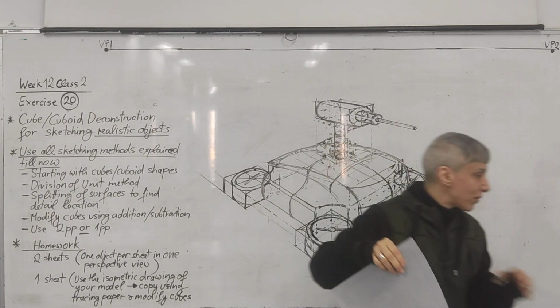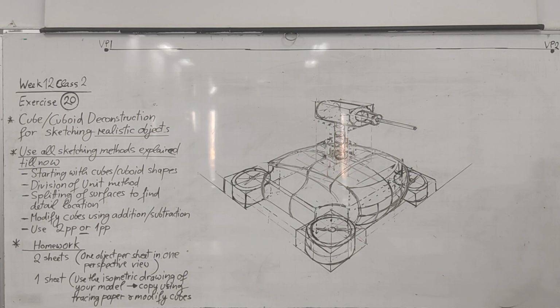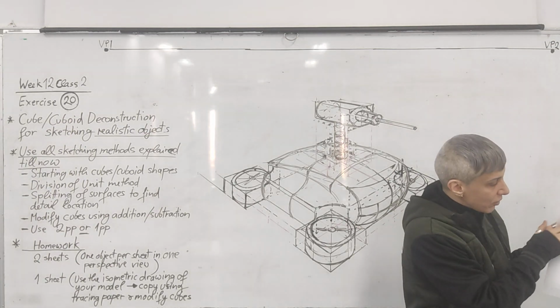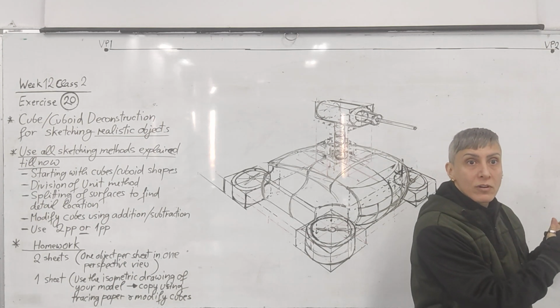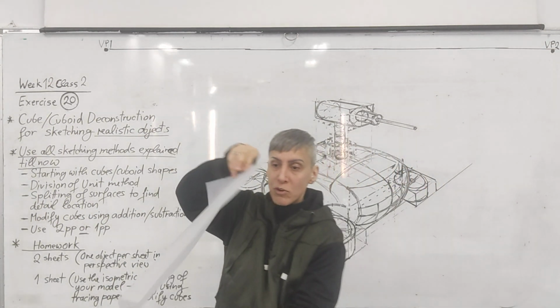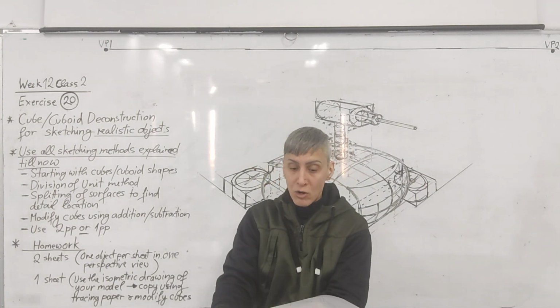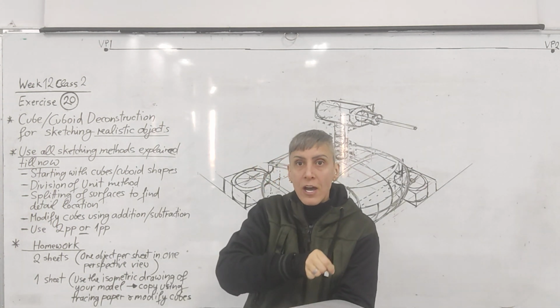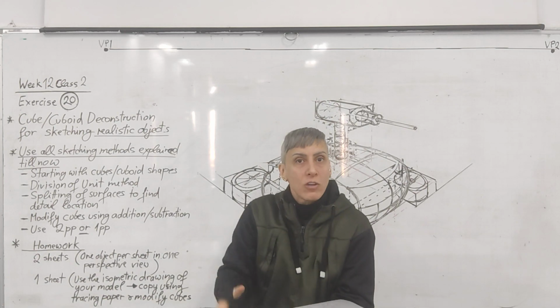This is tracing paper. So if you have something at the back and you put it, you can see it. So you will buy this tracing paper and put it on top of the isometric drawing of your model and start modifying, changing the cubes.